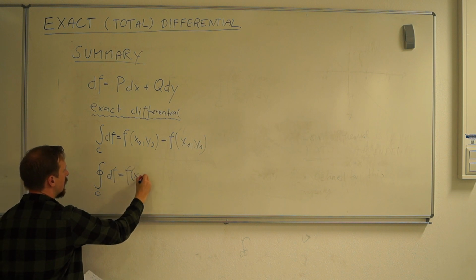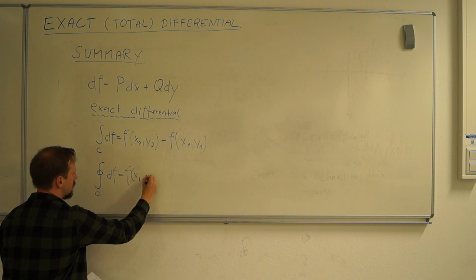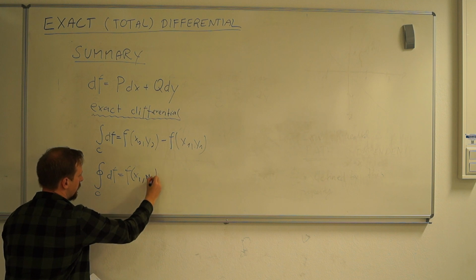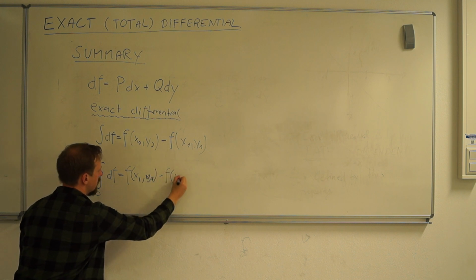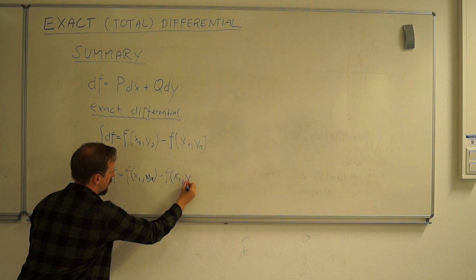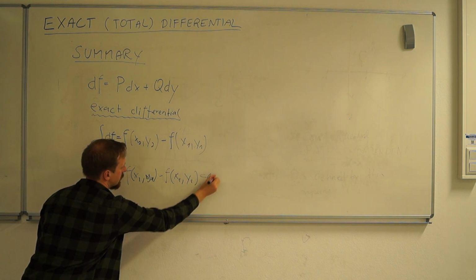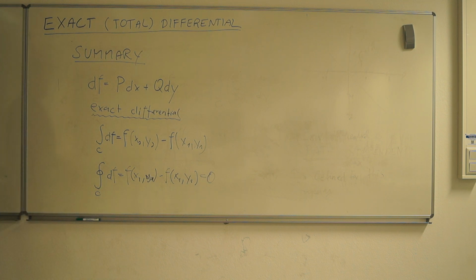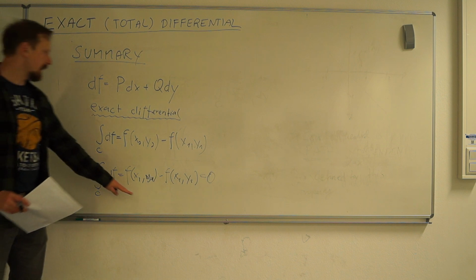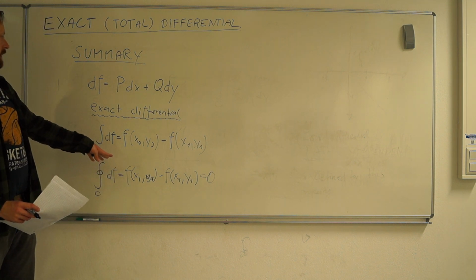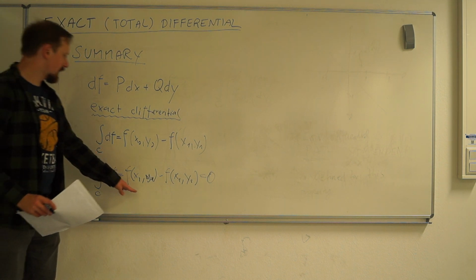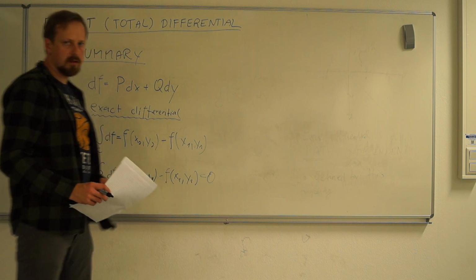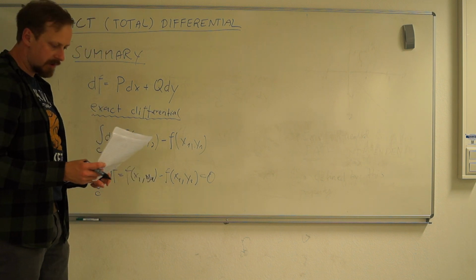So it's the difference between the same function values, and this is 0. And one could do this for checking: if it's not a total differential, then one would have troubles finding the function f, or there is no function f.